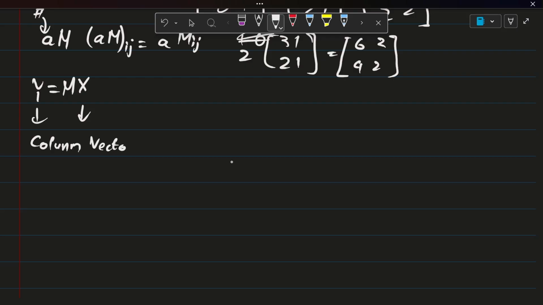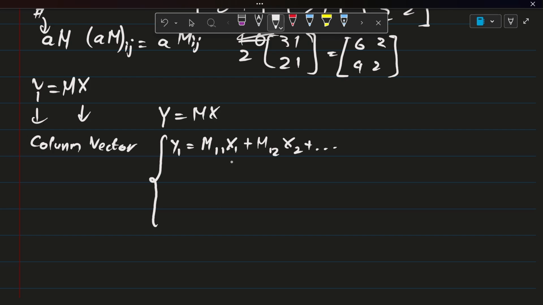We will denote that y is equal to Mx is pretty much a way for you to write a system of equations, where y1 equals m11 x1 plus m12 x2 and so on.